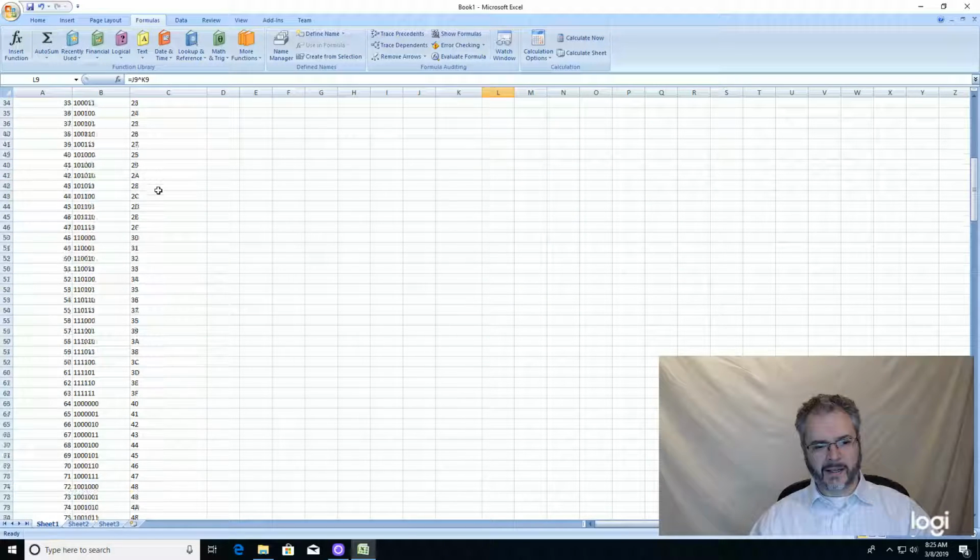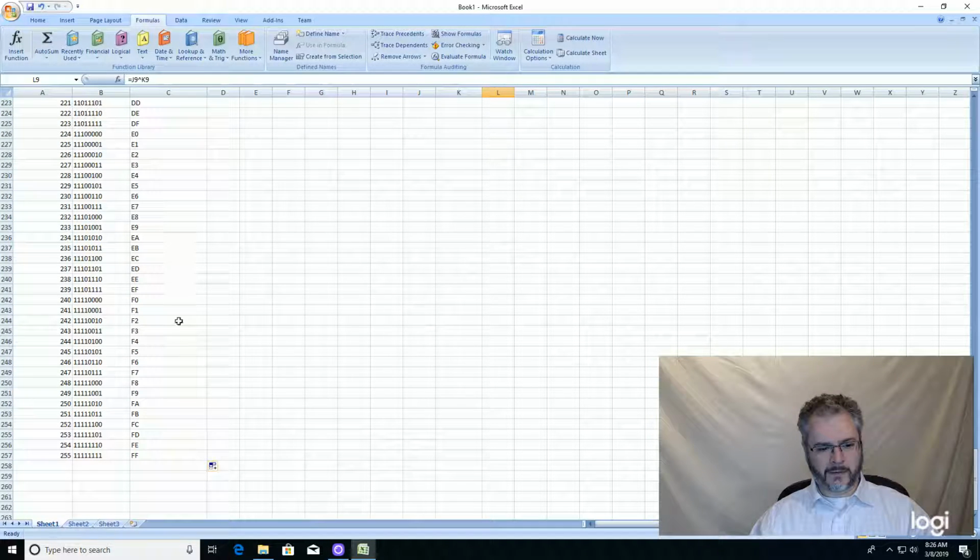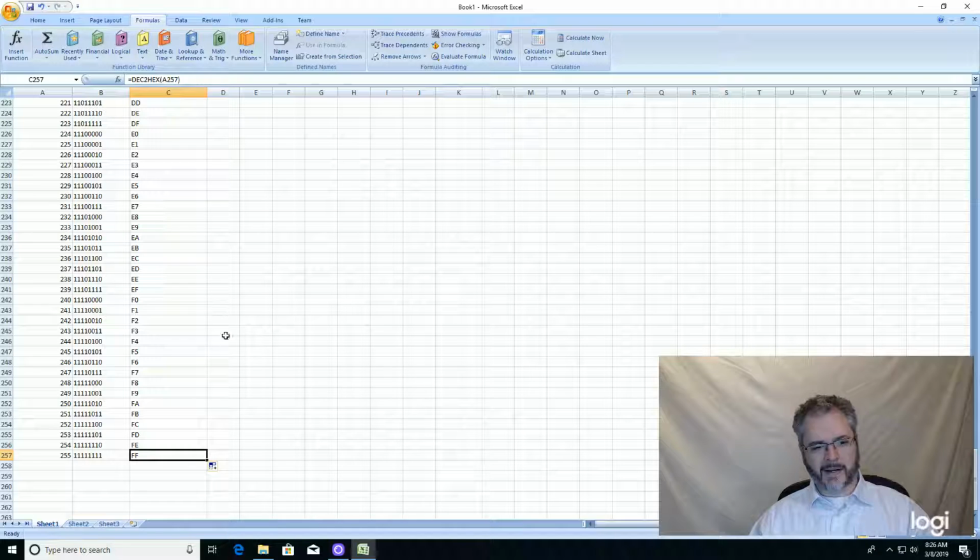So this is counting in hexadecimal from 0 to 255. It counts from 00 to FF. It went from EF to F0, F1, F2, F3, F4, F5.